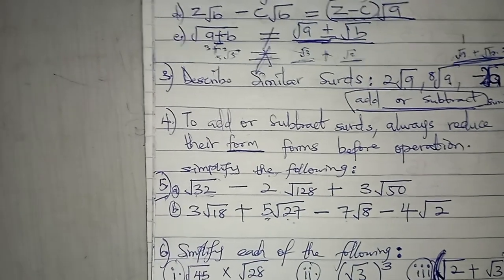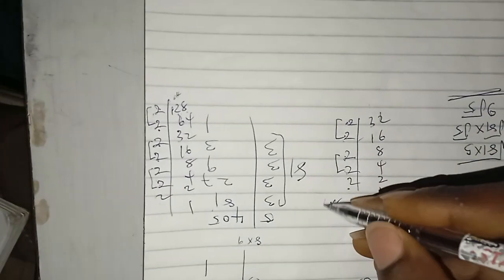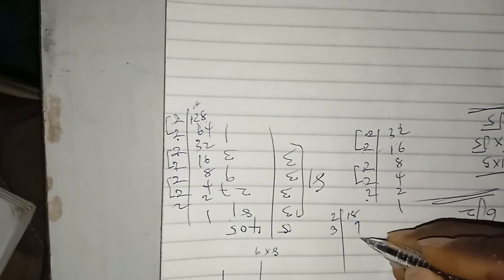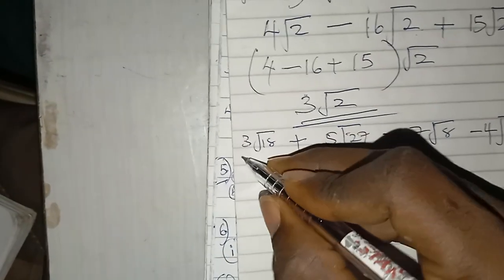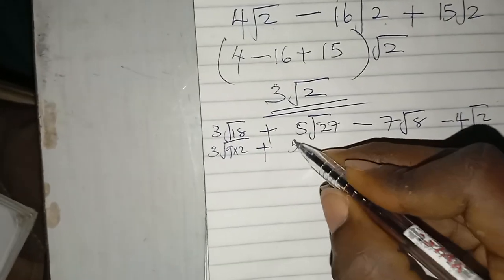So let's try to solve. 3 root 18, 18 first of all: 2, 9, 3, 3, 3, 1. So 9 times 2. This is something I'm saying 3 into 9 times 2 plus 5. Okay, let's check 27.